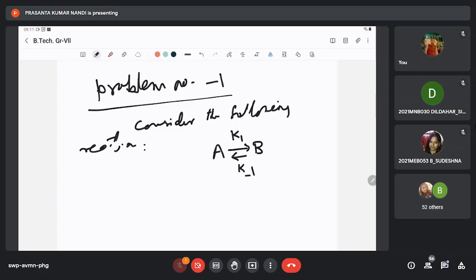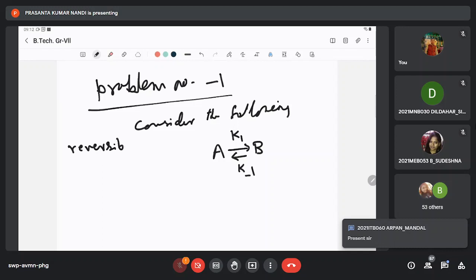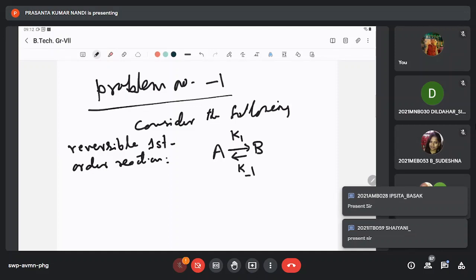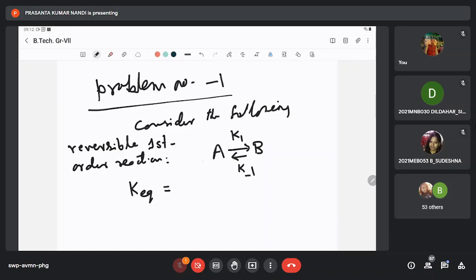Consider the following reversible first order reaction. And the equilibrium constant of the reaction, let it be about 10 to the power 6, right?